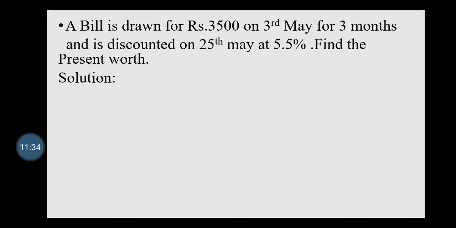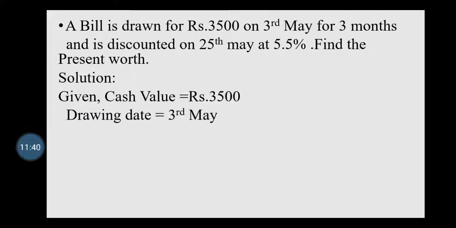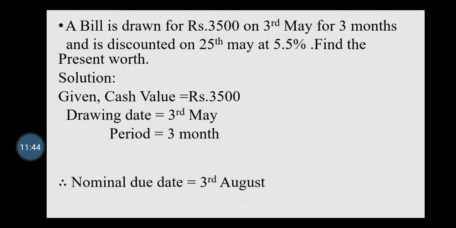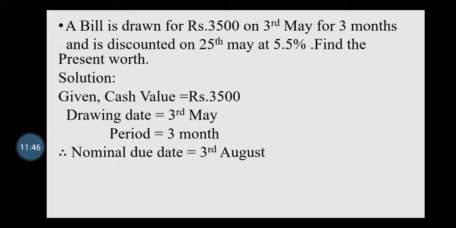Okay. Given cash value equal to rupees 3,500. Drawing date 3rd May. Period equal to 3 months. As drawing date is 3rd May and period is 3 months, so nominal due date will be 3rd August. Okay. And the legal due date will be 6th of August.